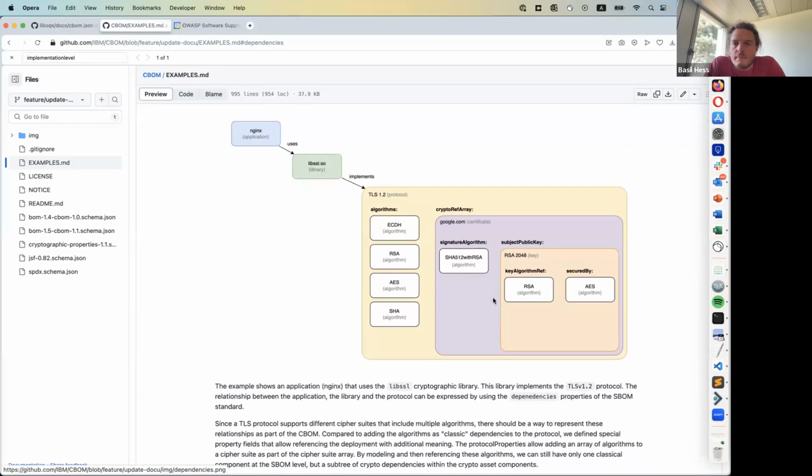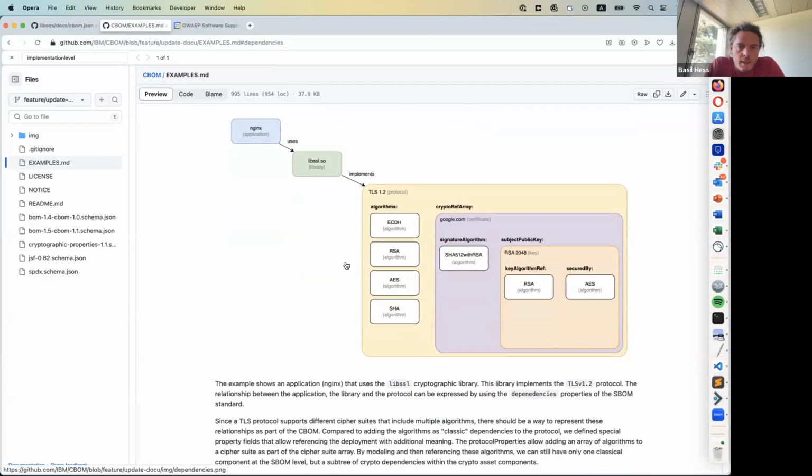There's also a certificate involved, which in turn also uses a signature algorithm and a subject public key, which is of a certain type and might be secured as well. Securing a public key might not be the best use case, but if you have a use case with a private key involved, this could then be extended to that. Usually a private key is secured in a hardware security module, for example.